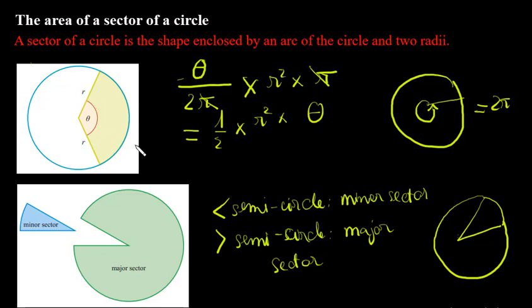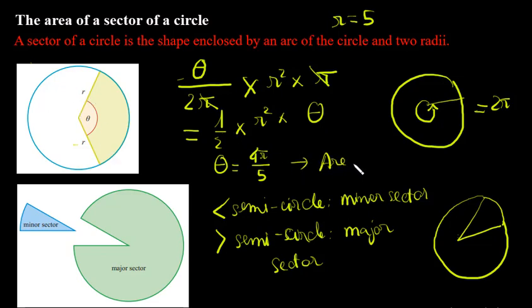If I say this theta here is a random number I choose, equal to 4 pi over 5, and the radius here is 5, now I want to find the area of the sector.